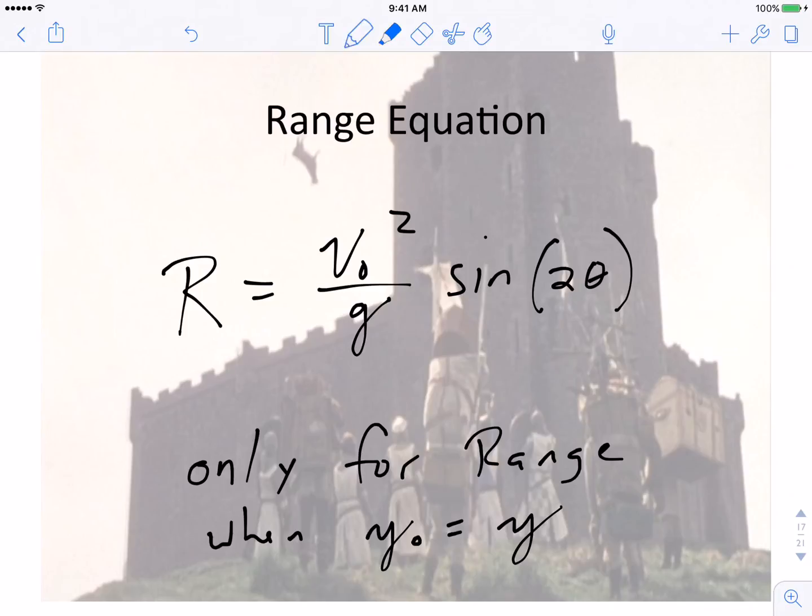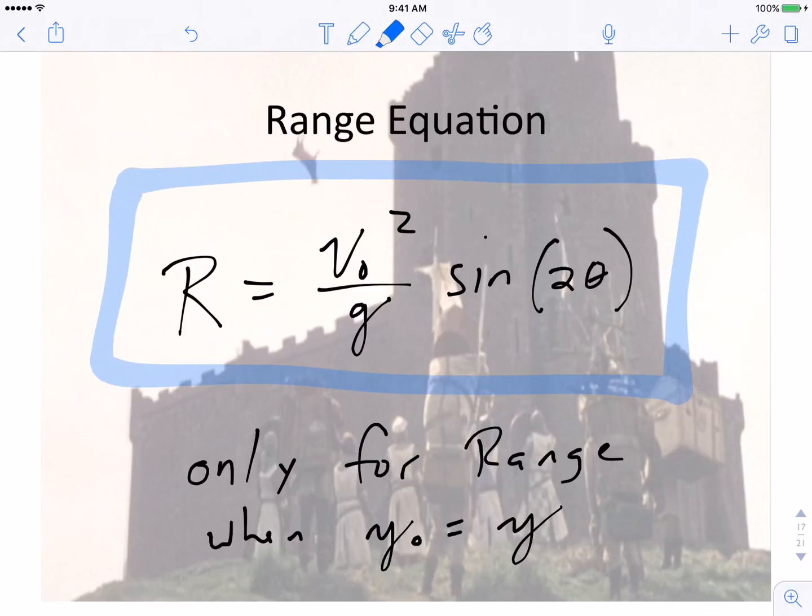All right, so now you know the range equation. We have a lab that we've done based on this, and hopefully you're starting to get some idea of how this is going to apply, but you will need this formula for the what goes up must come down lab.